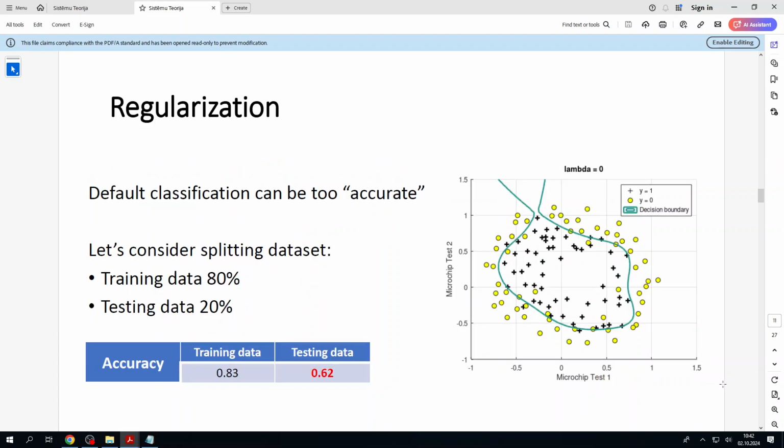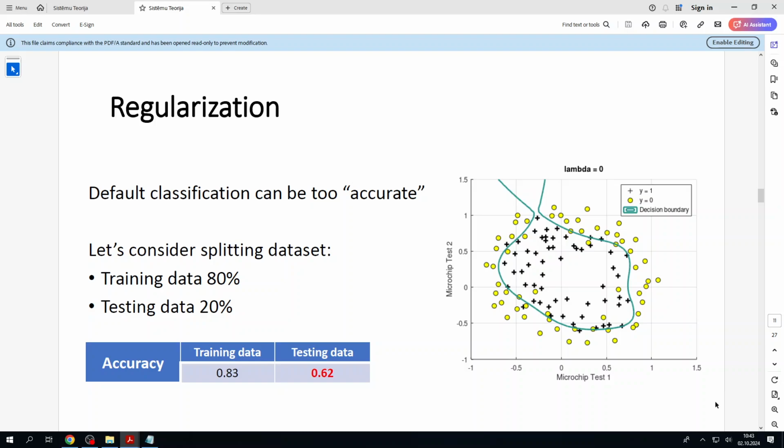So here you can see another example, yes? Some tests run on certain microchips, so we have two tests. One is the x-axis, microchip test 1, the second test is the y-axis, and both of these tests score in any range from -1 all the way up to, let's say, +1. Well, maybe some of them will be a little bit over 1.